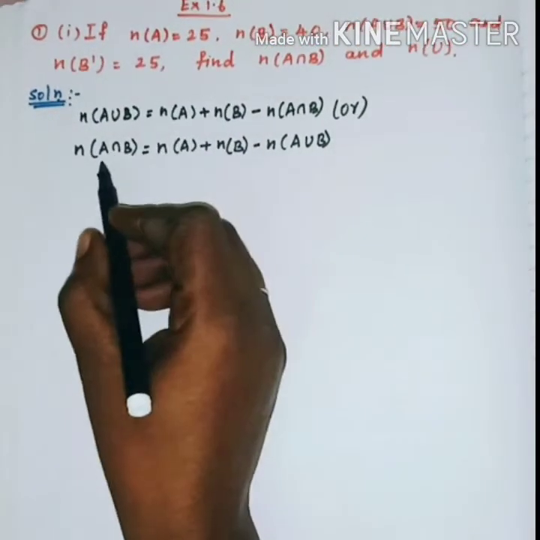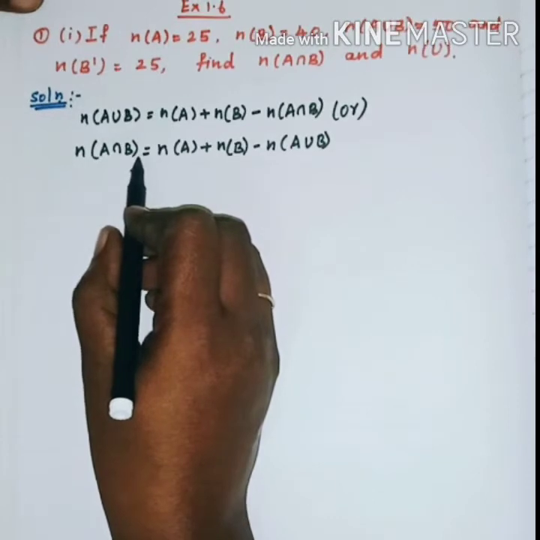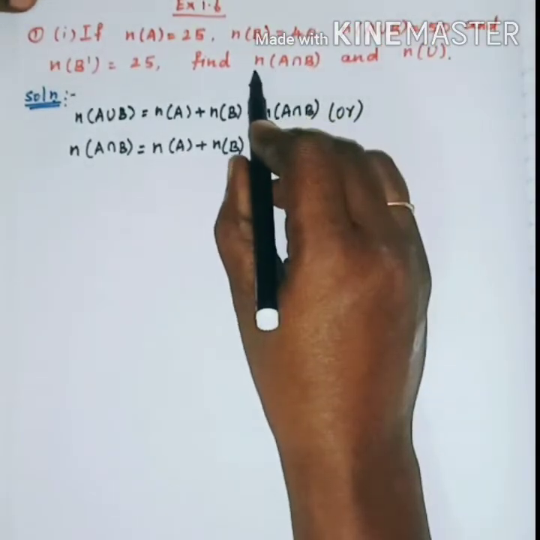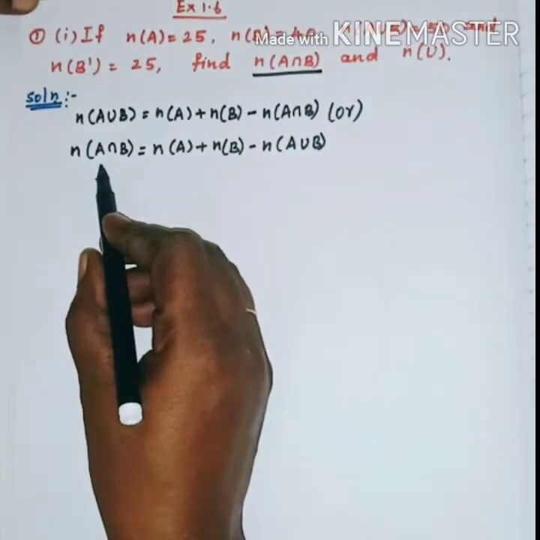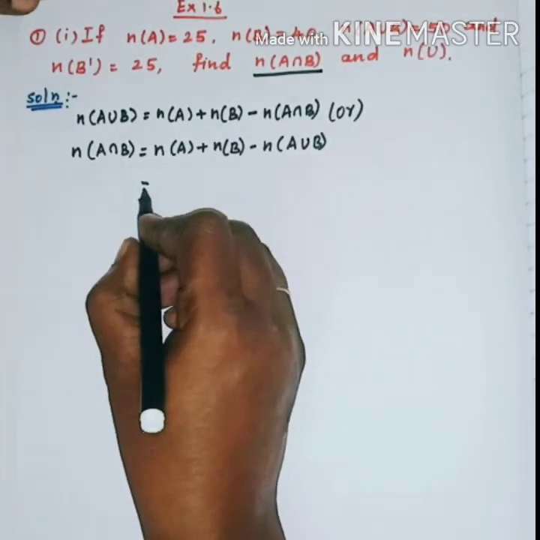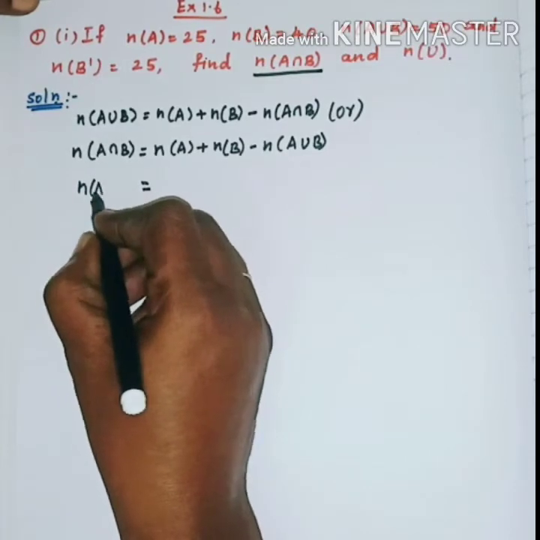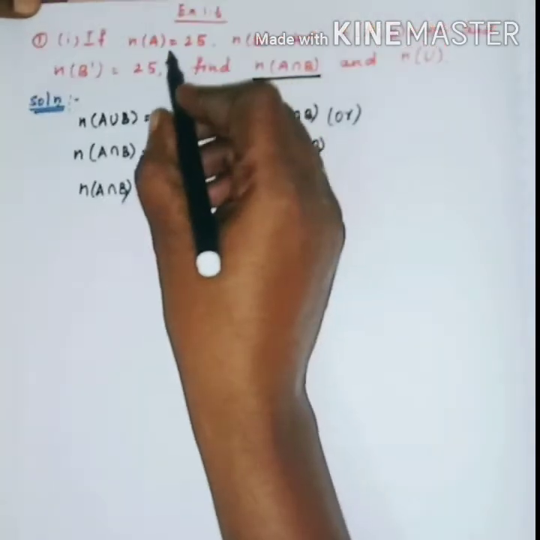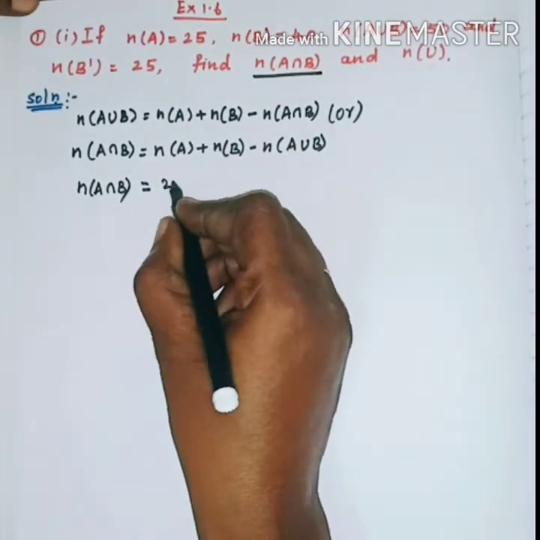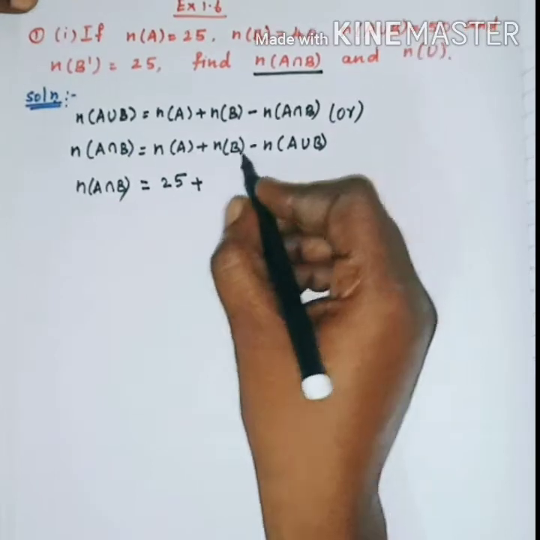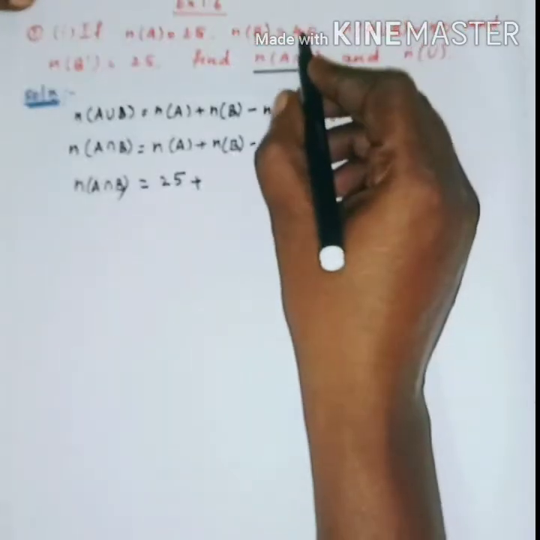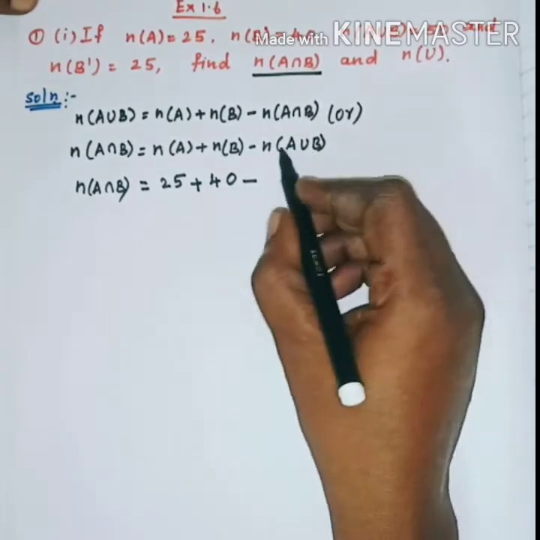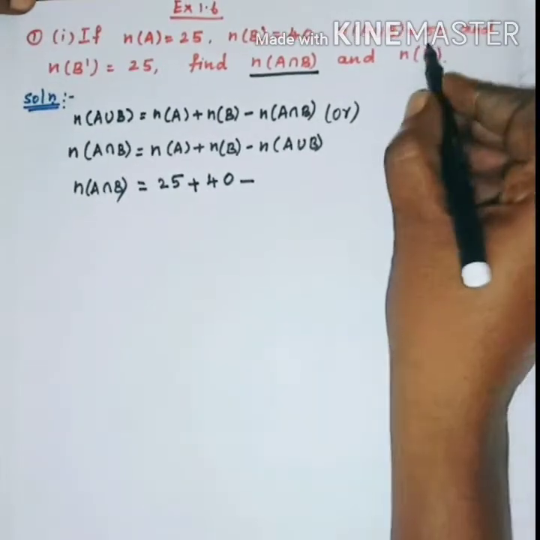Now n of A intersection B isn't given, we have to find this n of A intersection B, isn't it? So take this result, n of A intersection B is equal to n of A, given in the sum, n of A is 25. So substitute the value for n of A, and then the value for n of B is also given. N of B is equal to 40 minus n of A union B is also given.